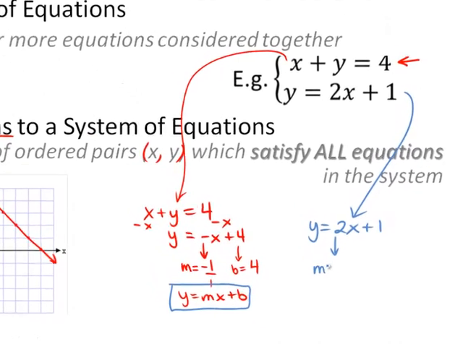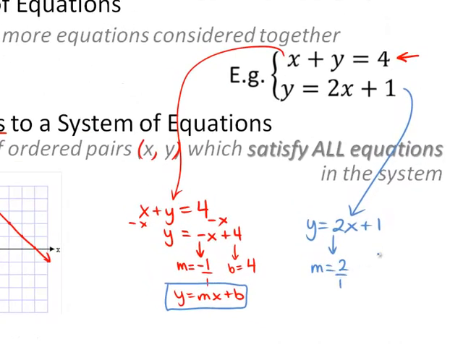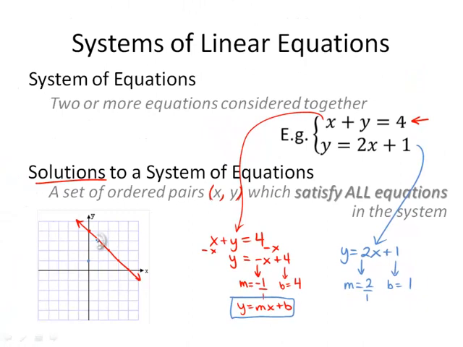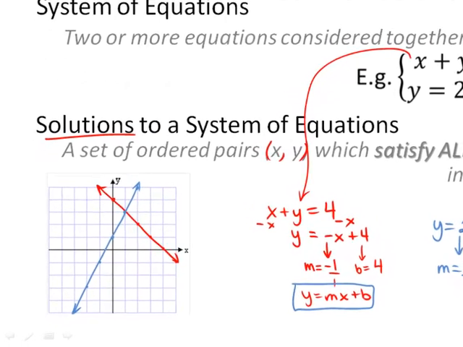Our slope is 2 over 1, and our y-intercept is 1. So we start at 1 and we travel up 2 over 1, up 2 over 1, and so on. This leaves us with a line that represents all the possible points that satisfy the second equation.